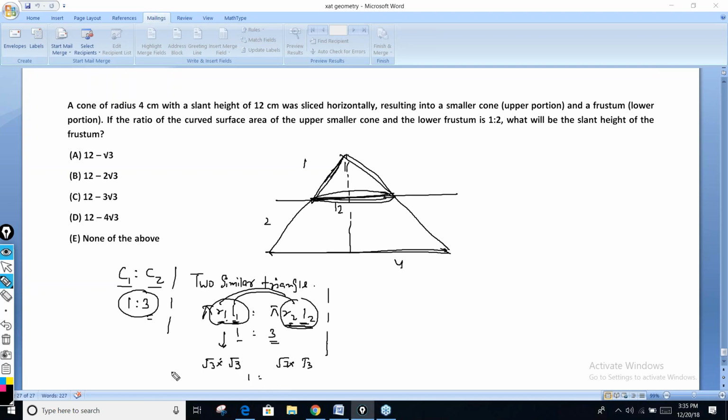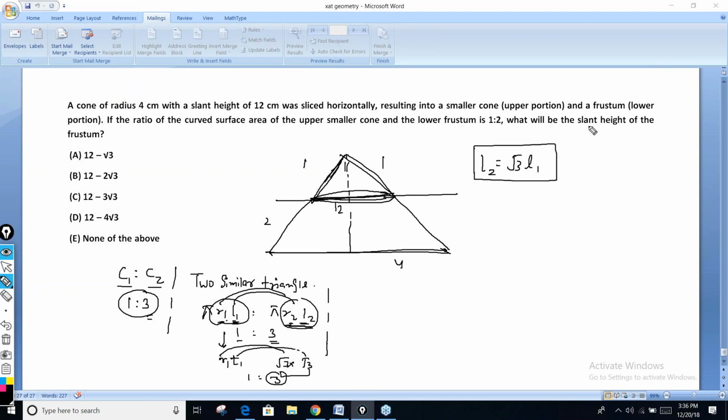If the radius of this smaller cone is 1 and slant height is also 1, the radius of the bigger cone will be root 3 times and slant height will also be root 3 times, then only the curved surface area comes out to be 3 times. So if the slant height of the smaller cone is 1, the slant height of the bigger cone will be root 3 times that of the smaller cone.